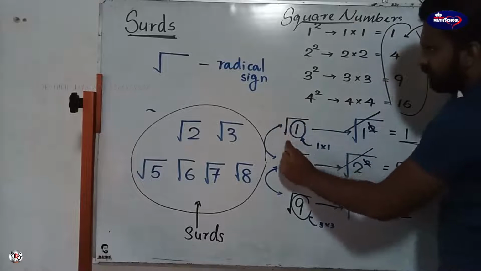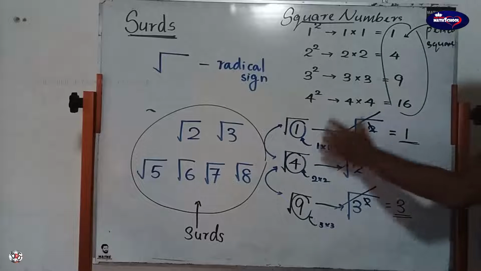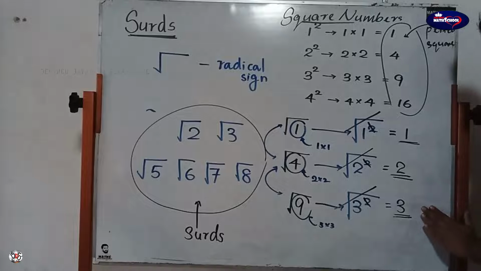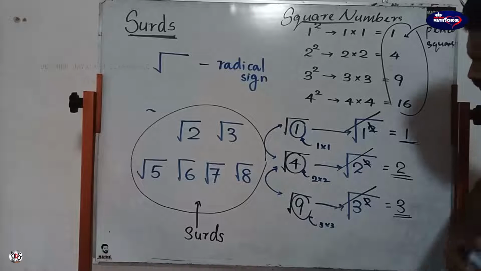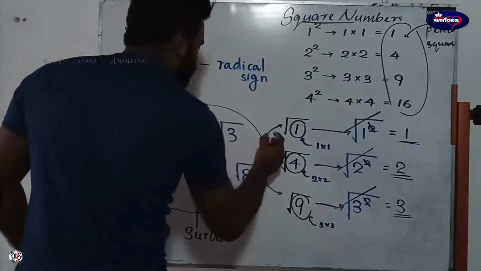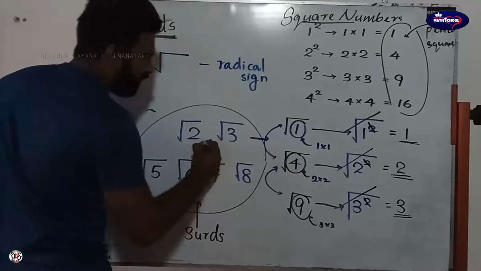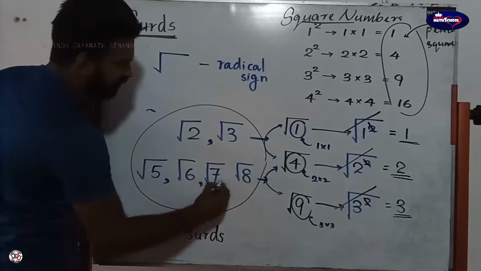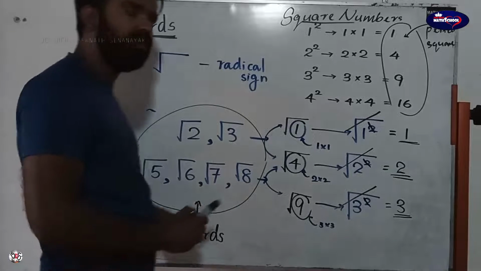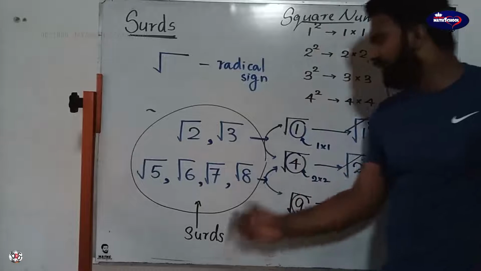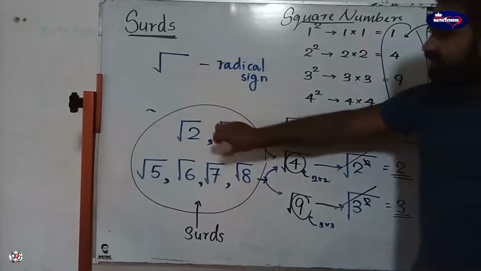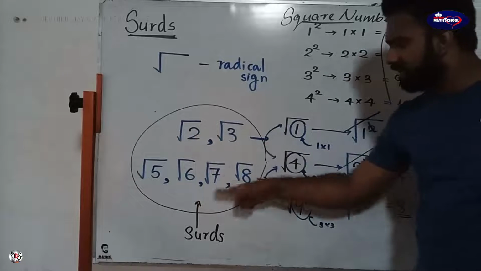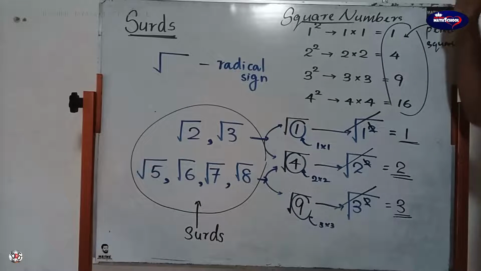And show that when you use the radical sign on these perfect squares, the answer will be a whole number, right? And show that in between these two, square root of 2 and square root of 3, in between these two, square root of 5, square root of 6, square root of 7, square root of 8, all those things, if you take such numbers, these will be known as surds, right? Use the red pen and write down these things. These are known as surds, right? Copy this one.